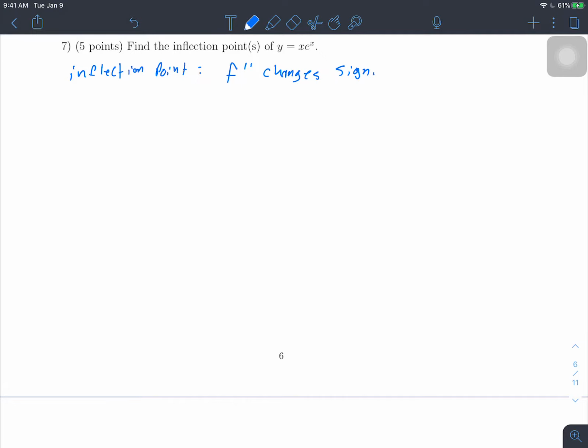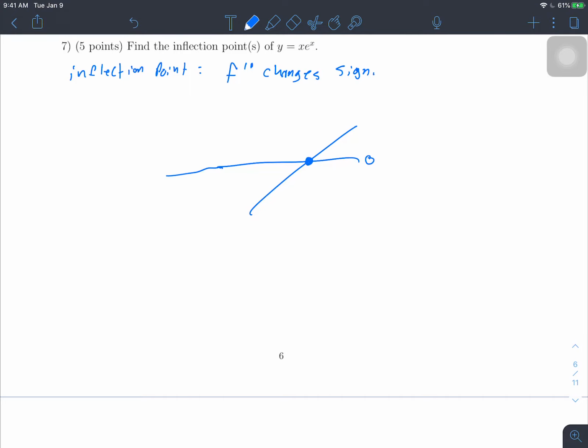So we know that f double prime can't go from being negative to being positive without crossing the 0 point, right? So we want to find candidates for f double prime, and these candidates are going to be any point where maybe f double prime becomes 0.